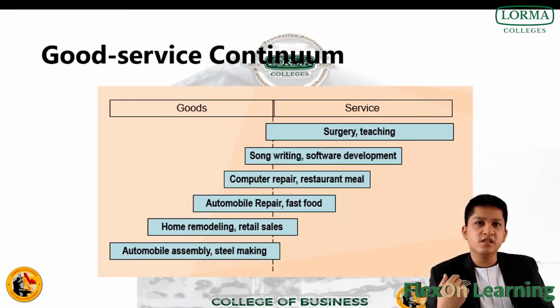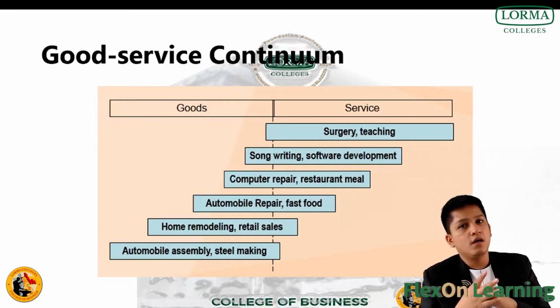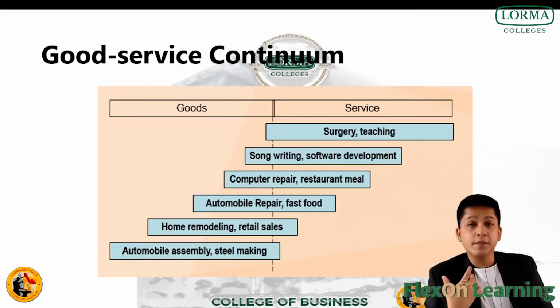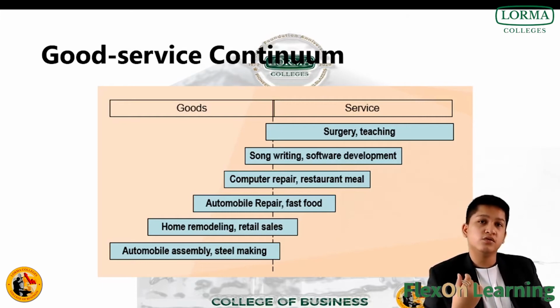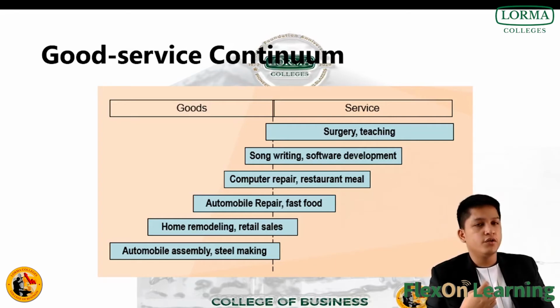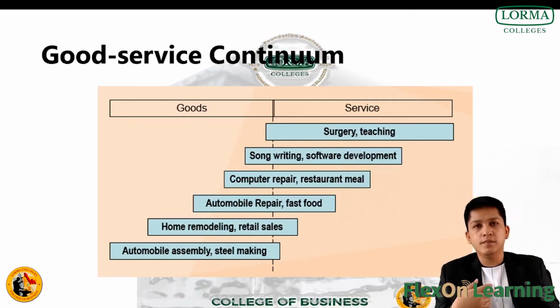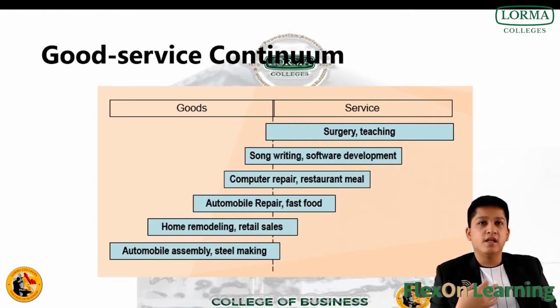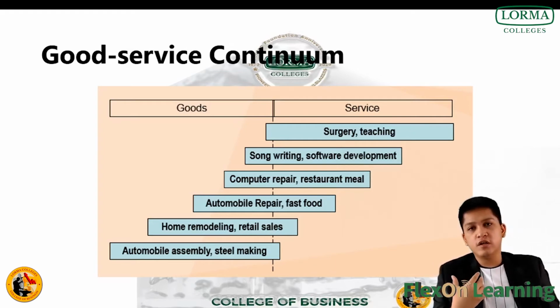In the service, examples are retail sales, or the action of retailing, the repair in automobile, the action there, the repair, the restaurant meal, your ordering and delivering of your order, software development, the service of songwriting, and lastly, surgery and teaching, the service given by the professional.